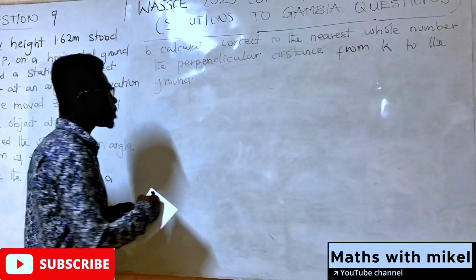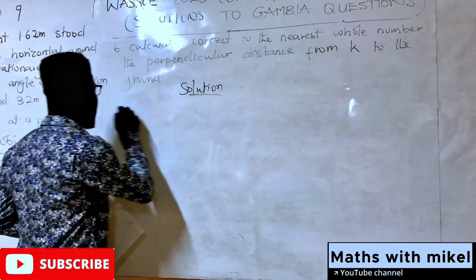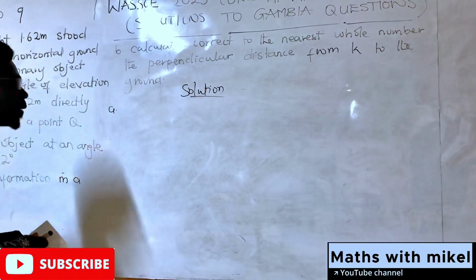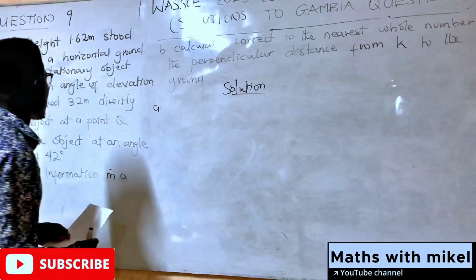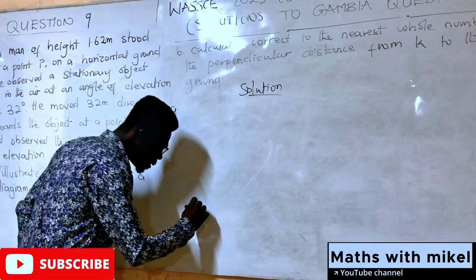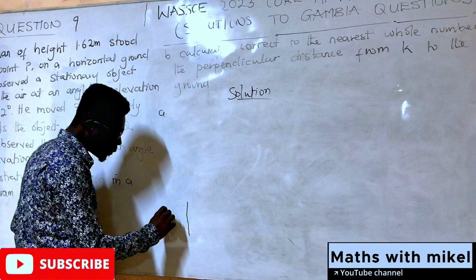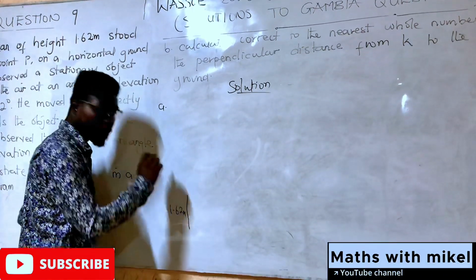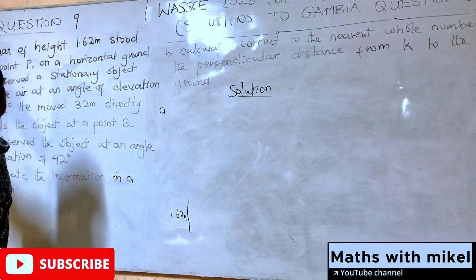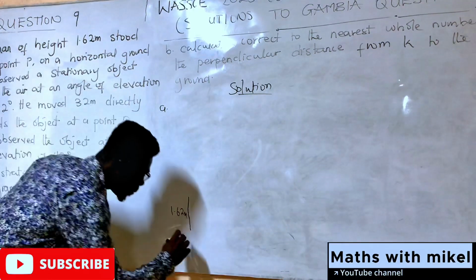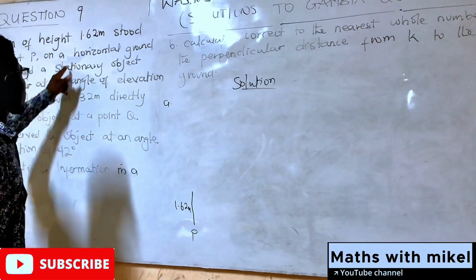So the solution. A. We are asked to illustrate the information here on the diagram. So a man of height 1.62 meters. So let's assume this is the man. He's having a height of 1.62 meters, stood at a point P here on a horizontal ground.